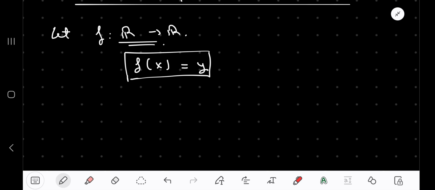It takes values from the domain and assigns a value from the codomain to it. That is exactly how a function works.